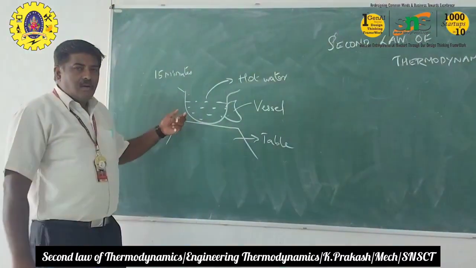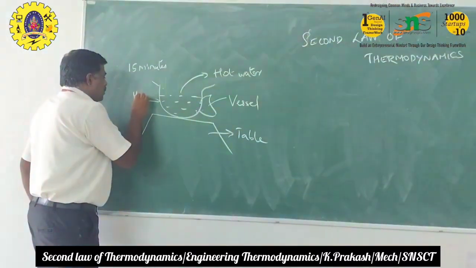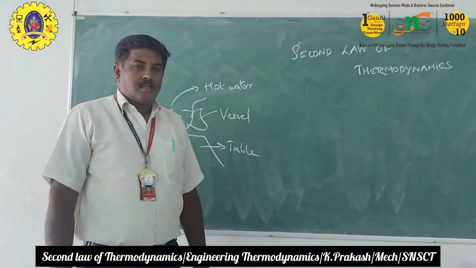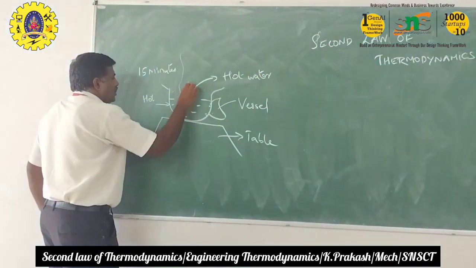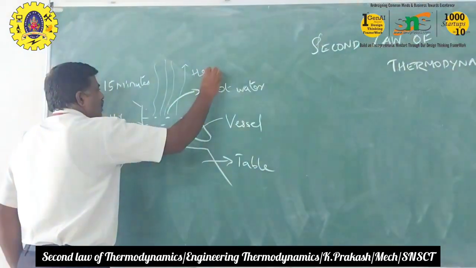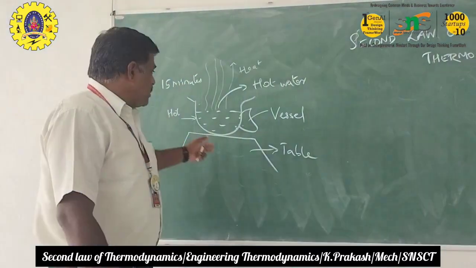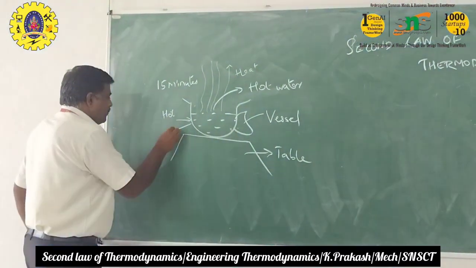Initially this will be very hot. When we leave this for 10 to 15 minutes, the heat will be lost to the environment. And then after 15 to 20 minutes, when we come and check the temperature, definitely the temperature will be less.